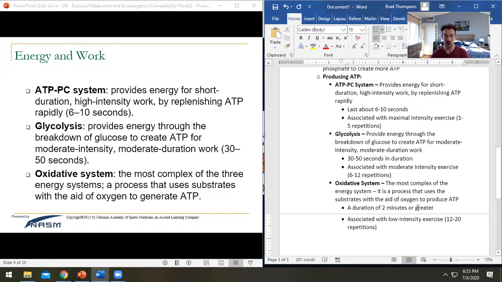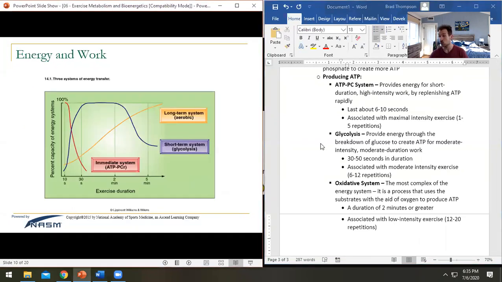Now, again, I want to put an asterisk next to that. If you did 20 repetitions in 8 seconds, well, that's going to be somewhere between these two. It is definitely duration-based more than rep-based. But if you're also following our other rules about lifting tempo, then you will land in these energy systems effectively.